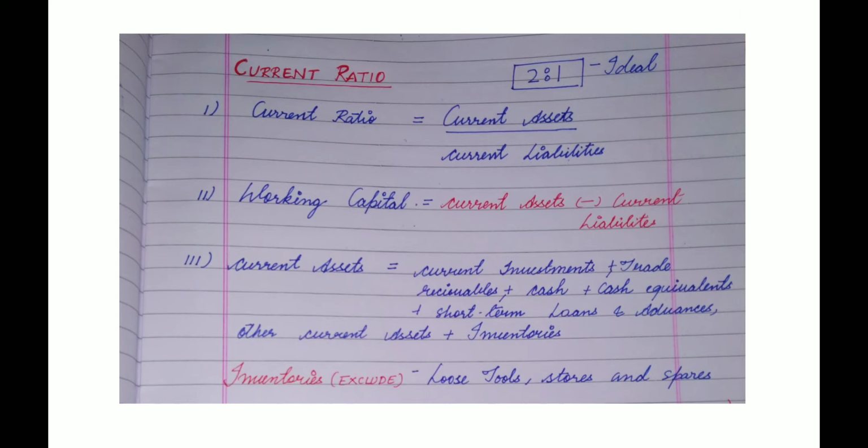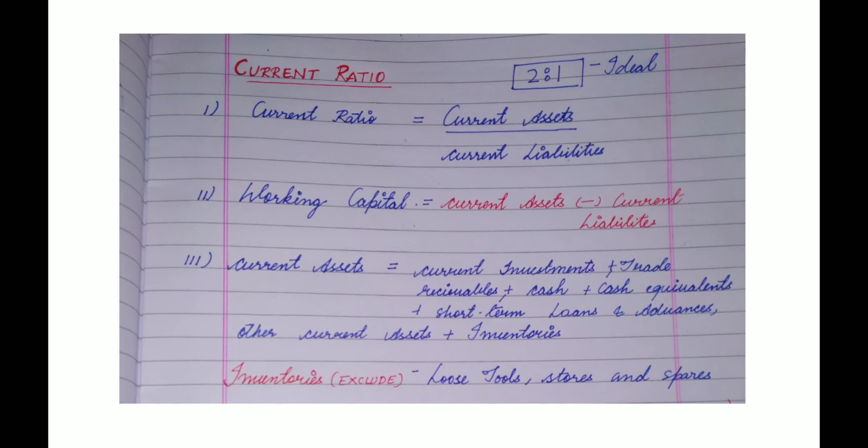As I told you, if you remember the balance sheet by heart, you are able to solve this very easily. Okay, so in inventory, loose tools, stores and spares are not included. It should be less of, right?